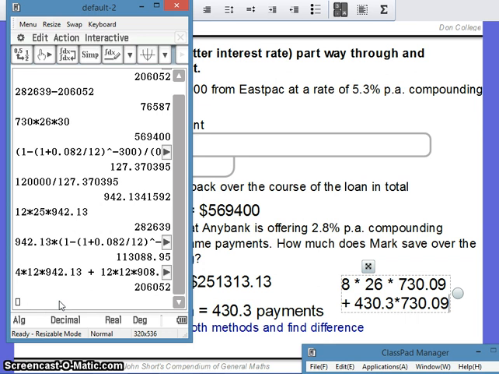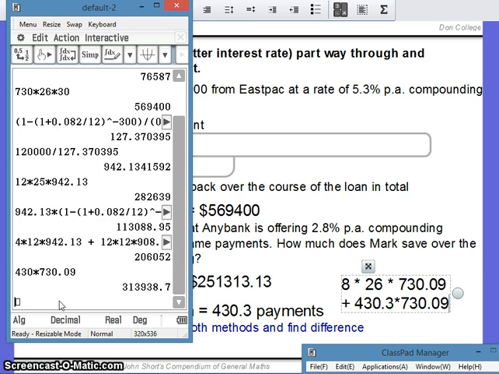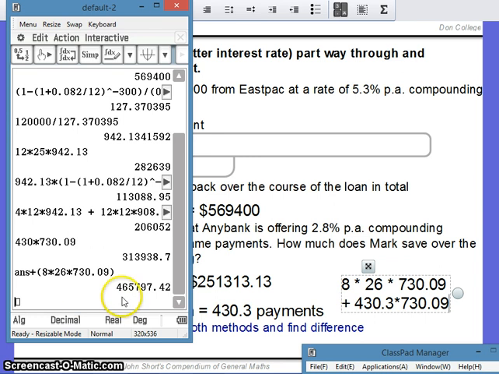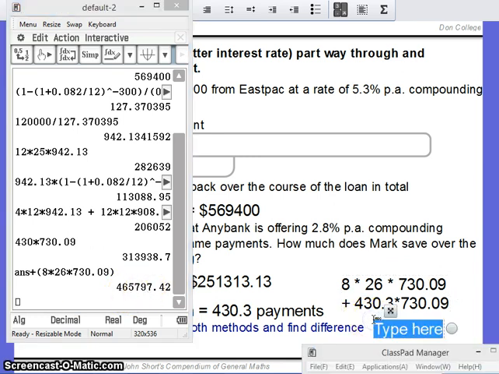So he's paying back a total of $465,797.42.